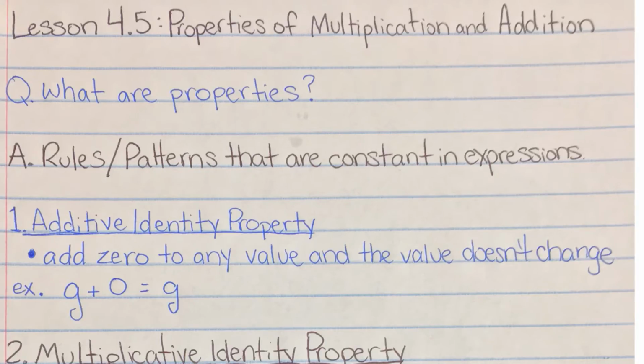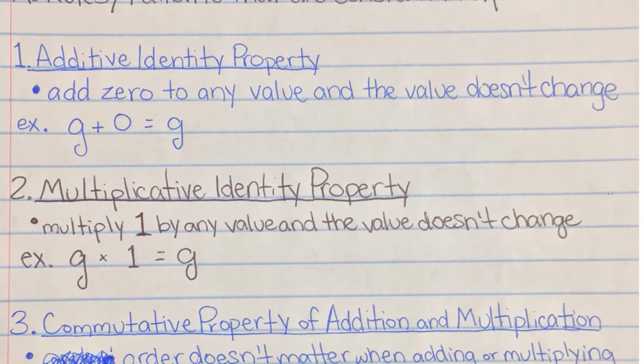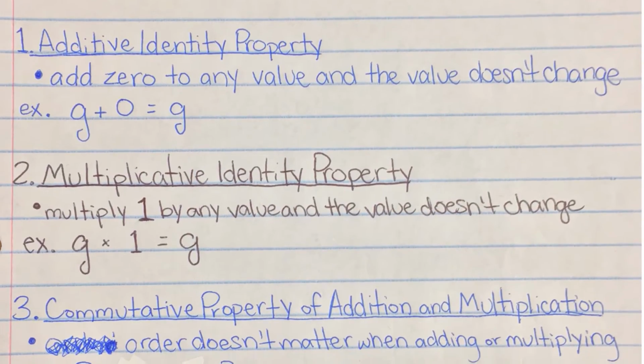We will be taking a look at three of the most basic properties that we see in math. The names of the properties sort of give us a clue as to what they are about. And we're going to go ahead and take a look at this first one, which we call the additive identity property.